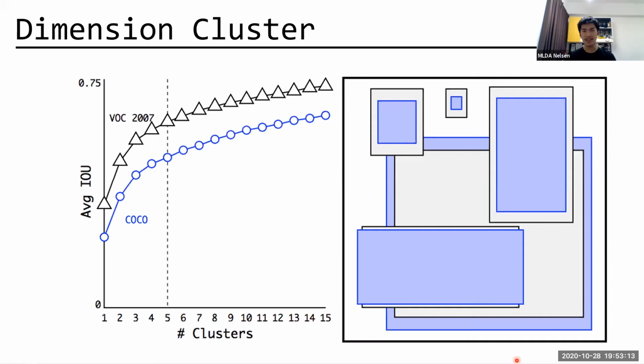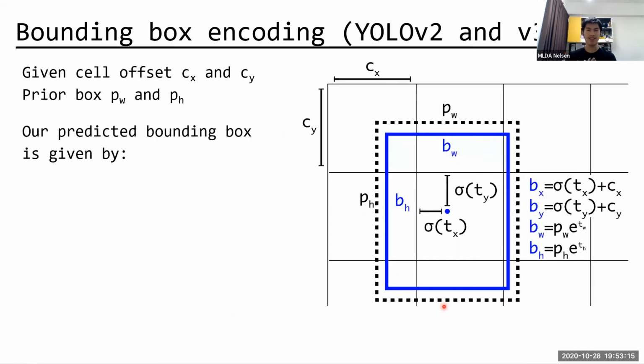And lastly, we have bounding box encoding. I mentioned earlier that in YOLO version 2, we actually predict not the bounding box itself, but the offset from the bounding box. So how does it look in mathematical terms? We can see from here that there are several different things. B is the bounding box property, so we see Bx, By, Bw, and Bh.